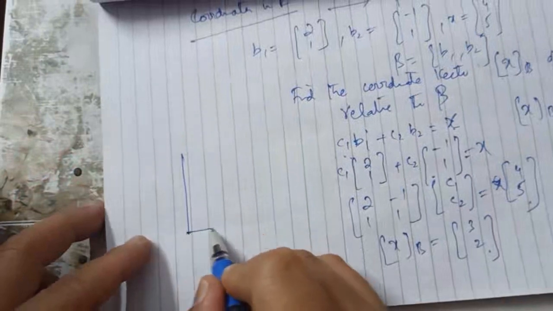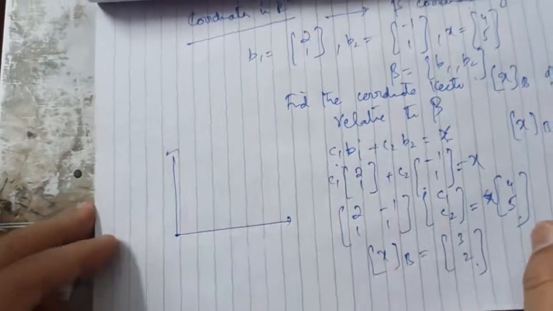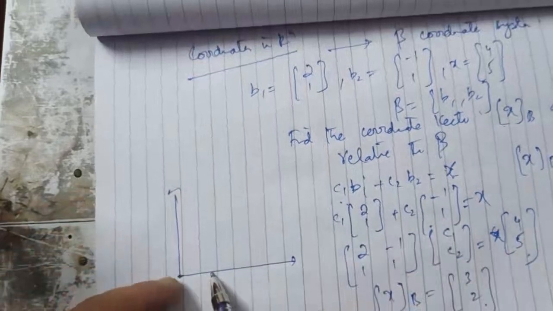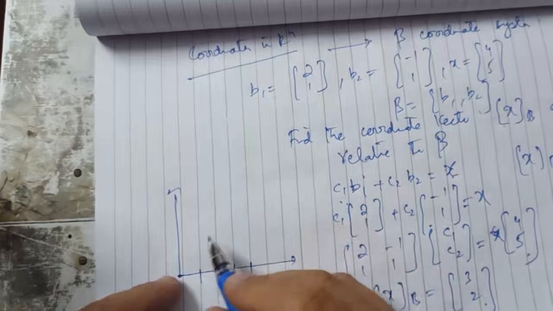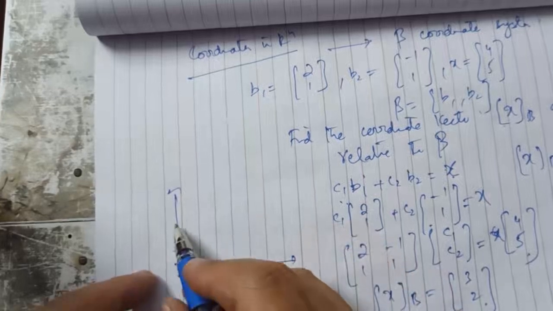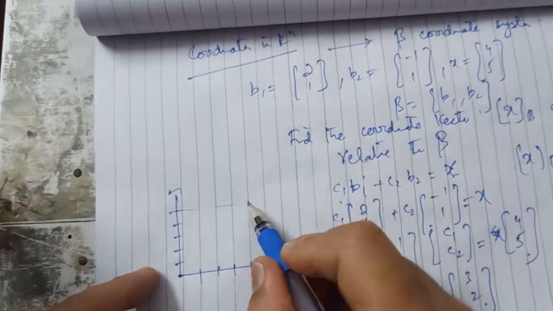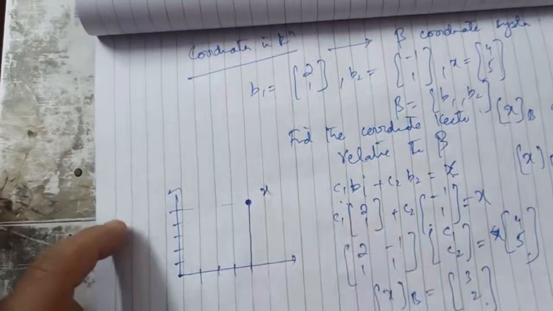Now we can also look at this problem graphically. In the normal coordinate system, which is the standard basis, we have (4, 5). So this was, let's say, 1 2 3 4 and 1 2 3 4 5. The point x is somewhere here, in the standard basis.